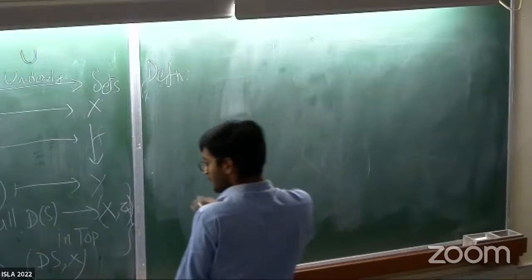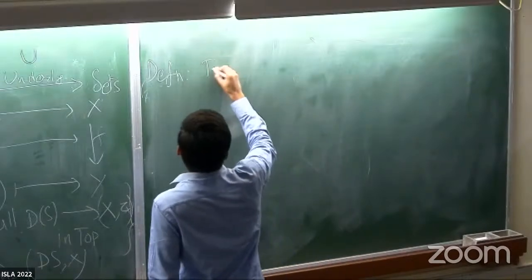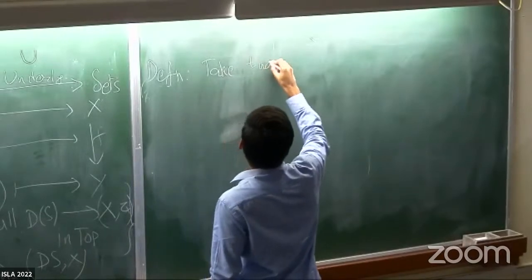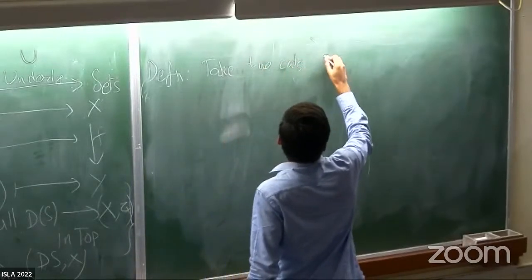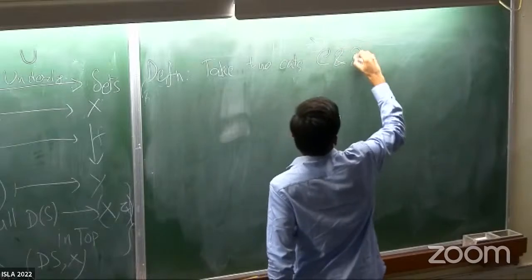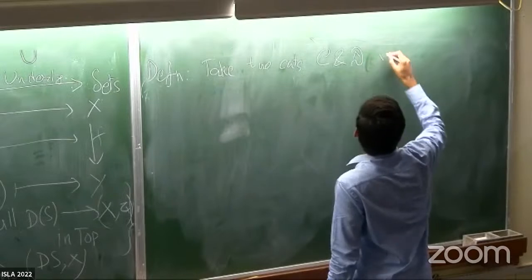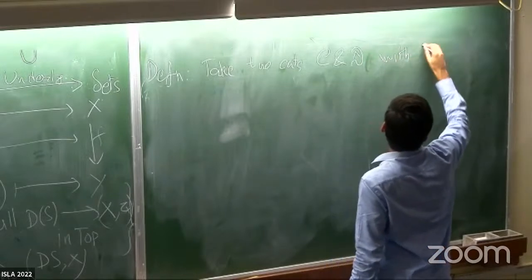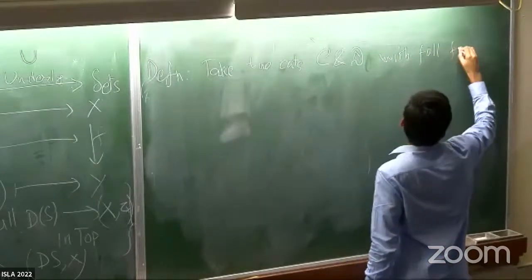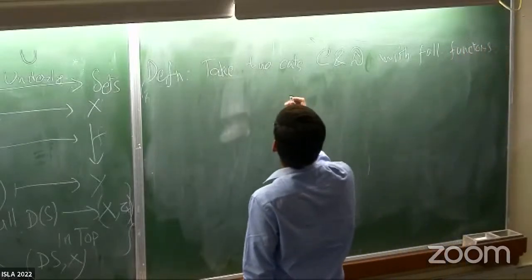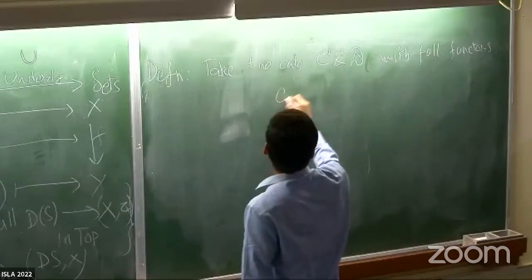So you begin with two categories, say C and D, with the following functors.